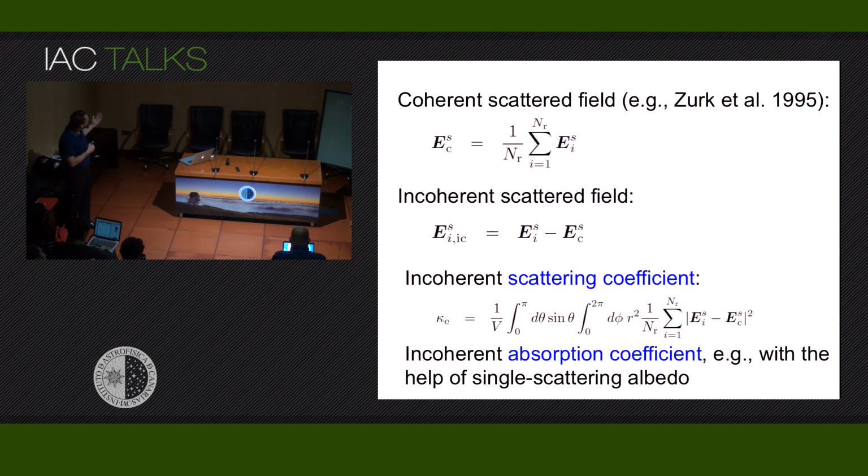And this is what we claim is really happening in the particulate medium, close packed particulate medium. And then we have the scattering coefficient and the absorption coefficient, and these are not computed from the free space scattered fields. They are computed from the incoherent scattered fields. You see that this has entered here, and we compute the scattering coefficient in this way over the 4 pi here.